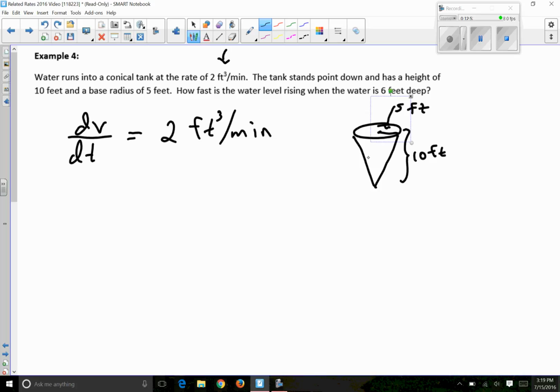So in this tank, there's a level of water, which we're going to call h. The dh/dt is the rate at which the level of the water is changing. How fast is the water level rising when the water is 6 feet deep?